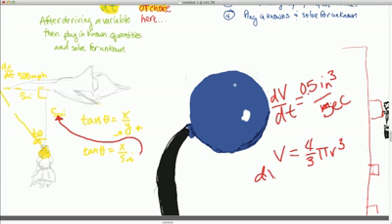For example, let me just do one real quick. This would be dV/dt equals, you bring the 3 down and multiply, which would cancel with the 3 in the denominator, leaving the 4 pi r squared.